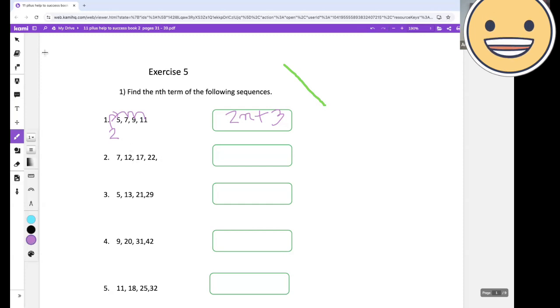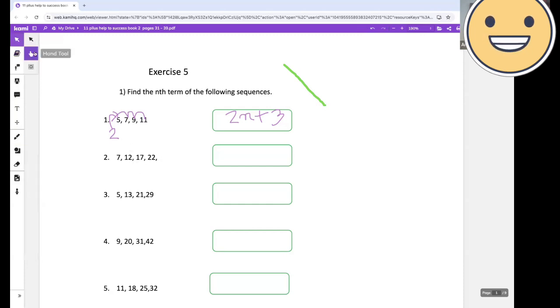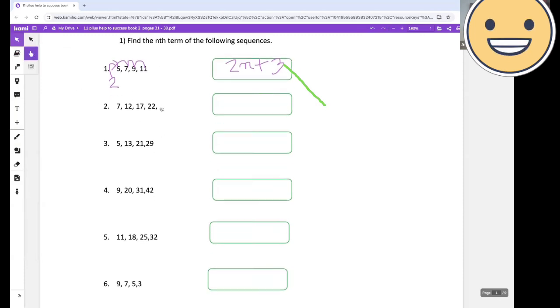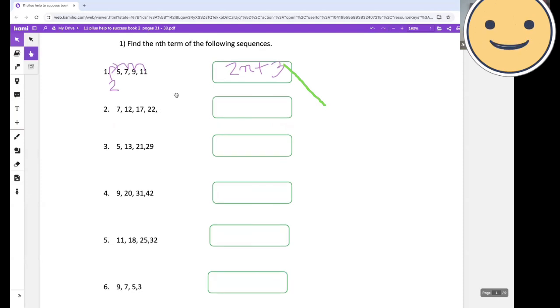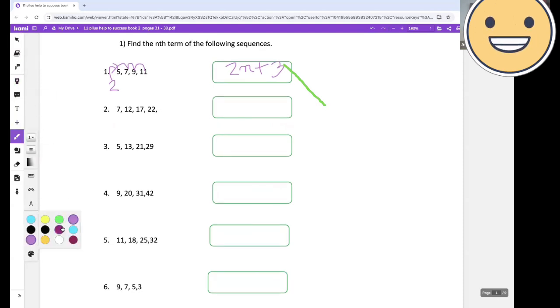And try doing the second one now and see how you would do that. Again, you just need to find the sequence. How would you go from 7 to 12, 12 to 17, and 17 to 22? Whatever you get, you'll write that with the n term, and you'll be adding or subtracting something with that.